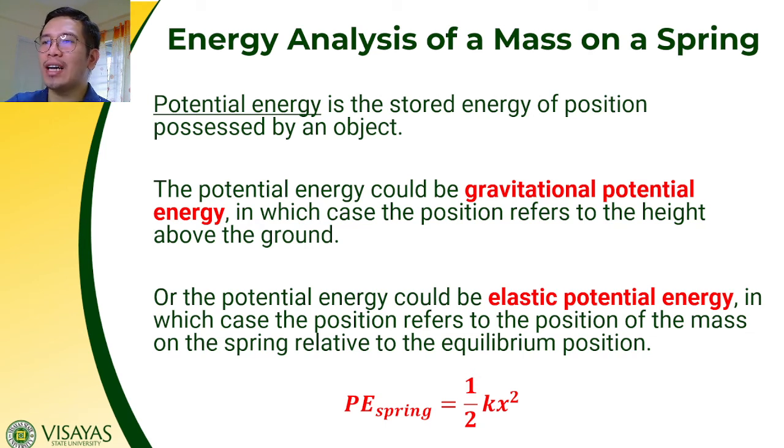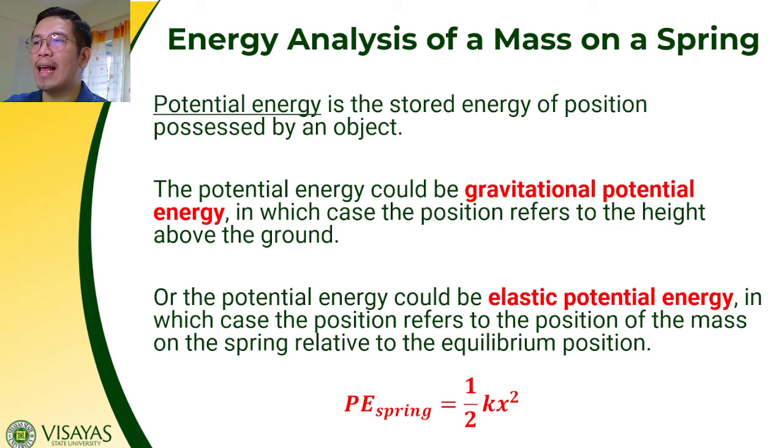In our air track glider, there is no change in height. So therefore, our gravitational potential energy does not change. This form of potential energy is not of much interest in our analysis of the energy changes, because what we consider here is the elastic potential energy.